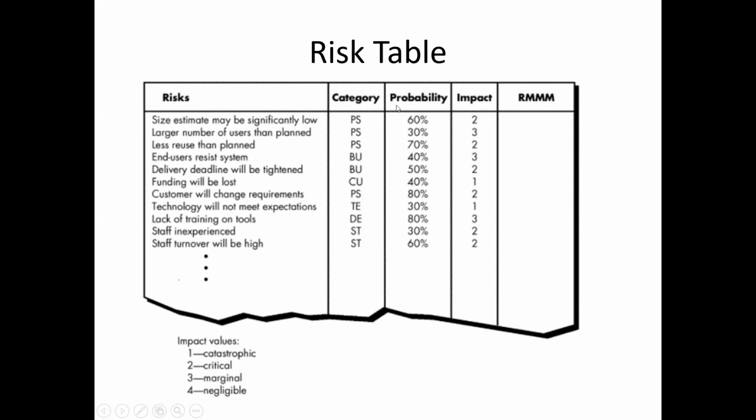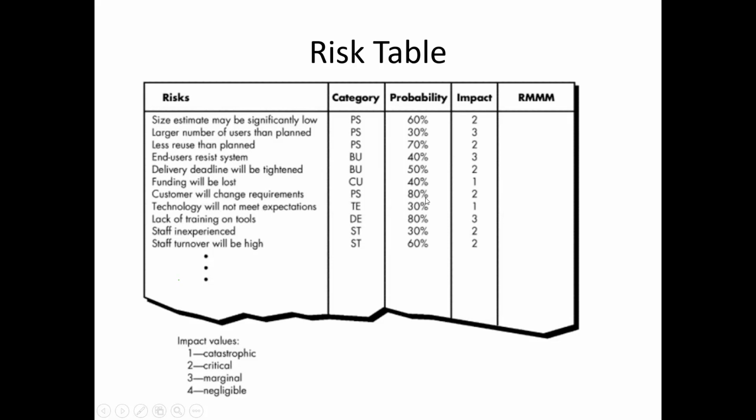So from this risk table I can very clearly identify which risk I should consider first, and after analyzing it we can easily identify which risk we should concentrate on first.